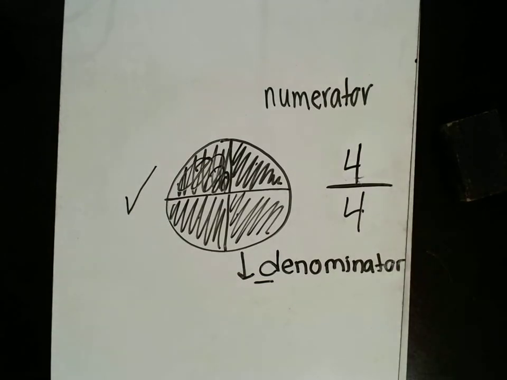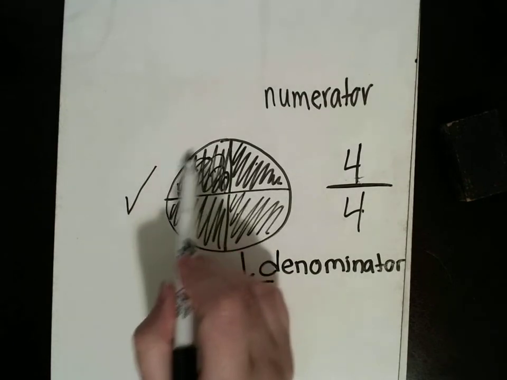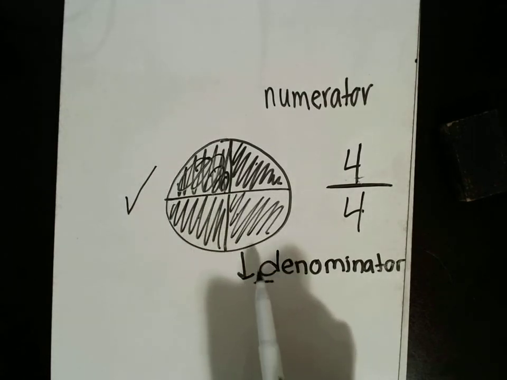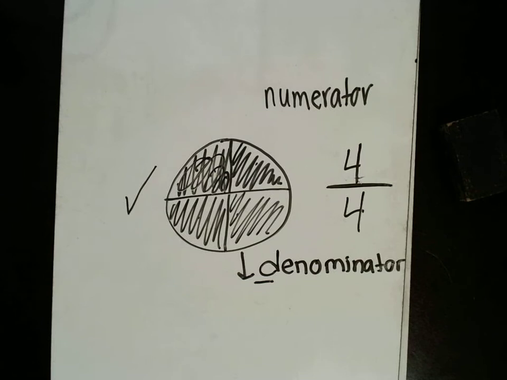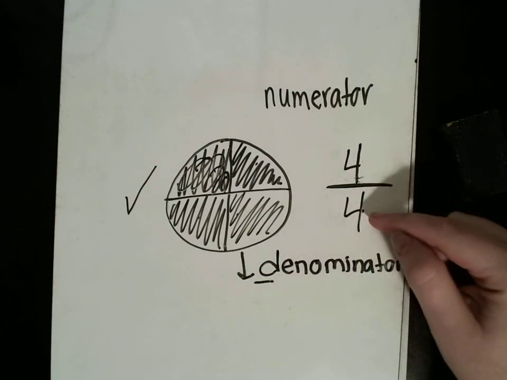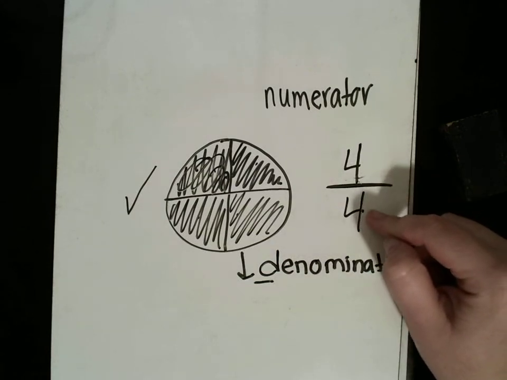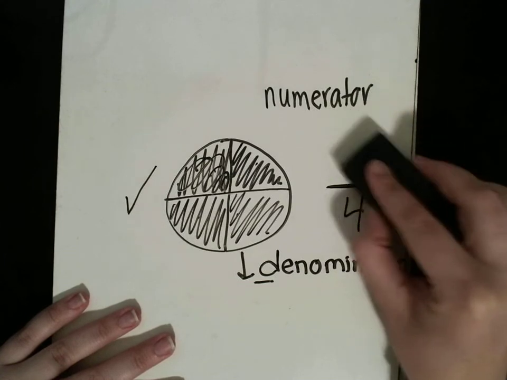So if this were a slice of pizza, if this were a big pizza, the circle right here, and you ate 4/4 of it, is there any more pizza left? The answer is no. You've eaten the entire pizza. You ate 4 pieces out of 4 pieces. So all of your pizza is gone.